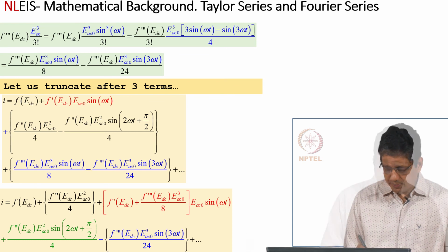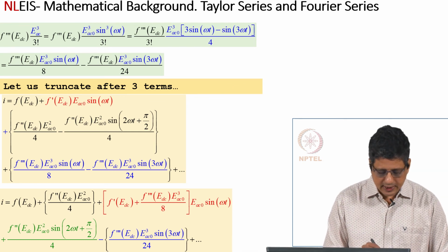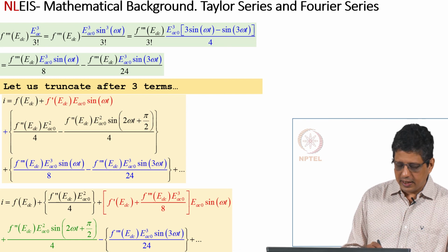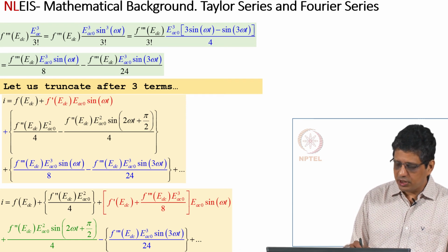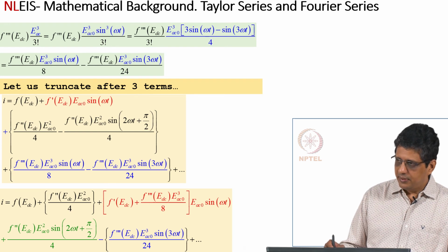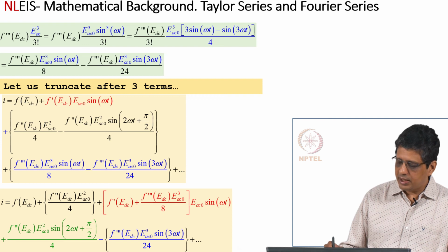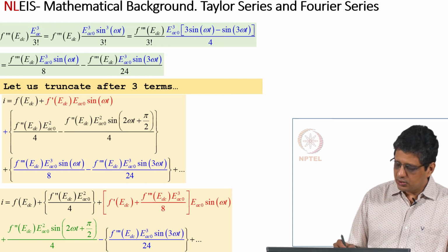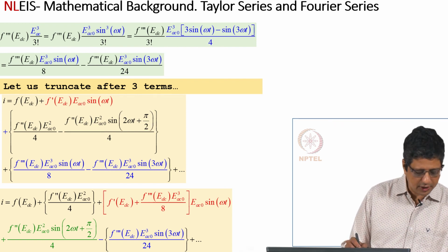When you rearrange, you see the DC offset has the f of EDC, it also has some contribution from the second term. First harmonic fundamental has contribution from the normal response at sin omega, it also has contribution from the sin cube. Second harmonic actually comes from the sin square, third harmonic comes from sin cube.